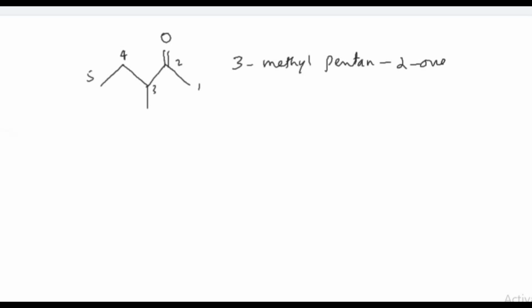But if the ketone or aldehyde has the OH group, then we can use the priority order, as I have already mentioned in the third point. If you have a structure like this, so this is butanal, but if we add an OH group in it, this contains two functional groups, but OH is not considered as the functional group according to the priority order.